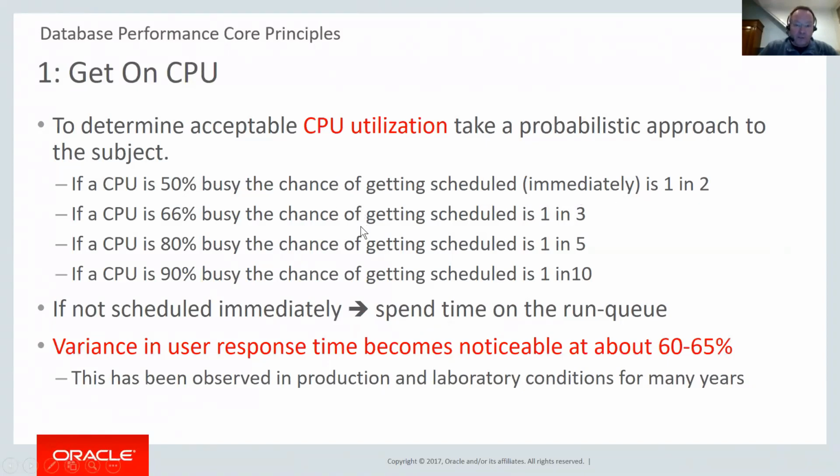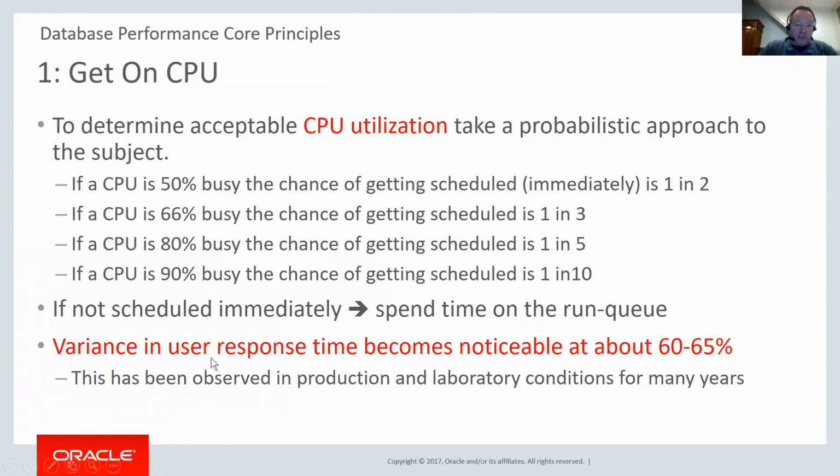And this rapidly decreases as your CPU becomes more busy. If your CPU is 80% busy, the chance of getting scheduled immediately is 1 in 5. At 90%, the chance is 1 in 10. If you don't get scheduled immediately, what happens then? Well, your process can't start working on the database call it has received. It has to spend some time on the operating system run queue.